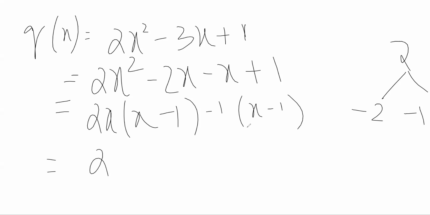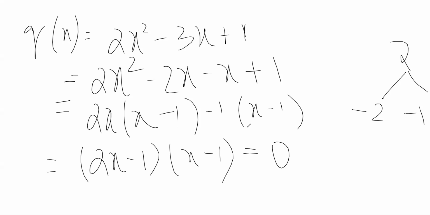Now this will be 2x minus 1 into x minus 1. In order to find the zeros, you should equate it to 0. So now let's take both the cases: 2x minus 1 is equal to 0 and x minus 1 is equal to 0.